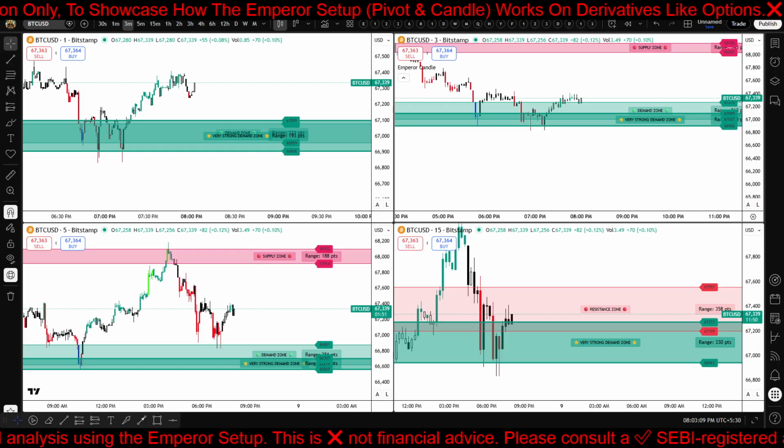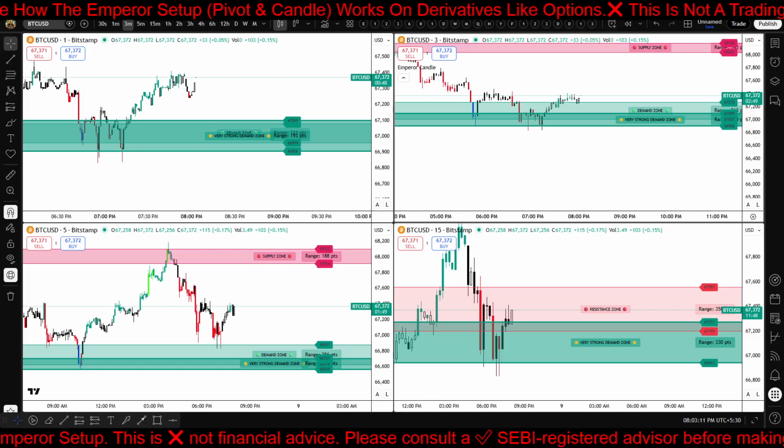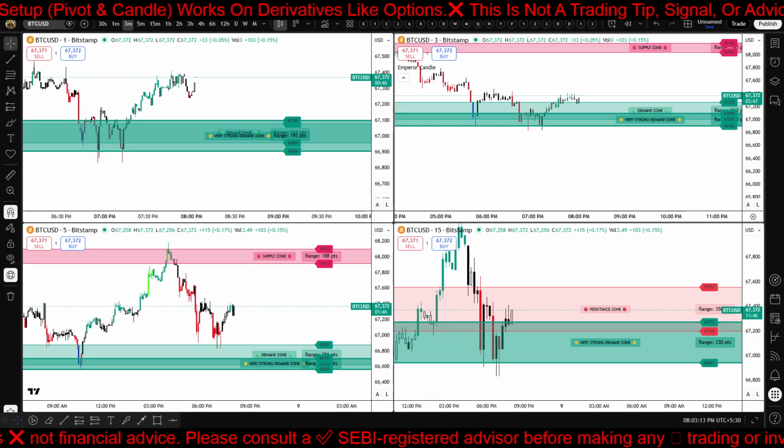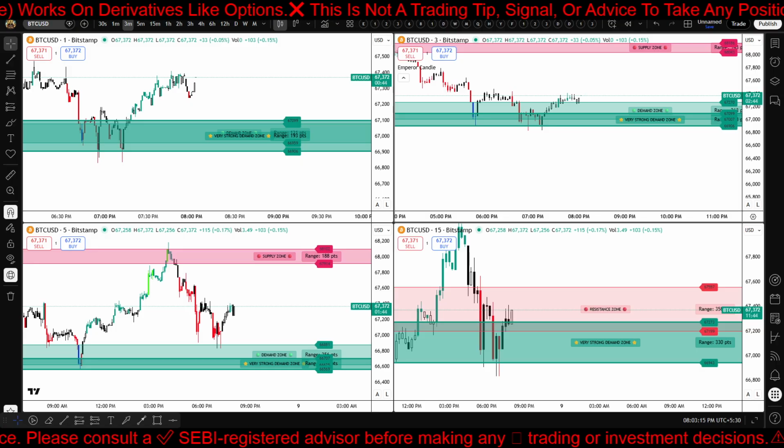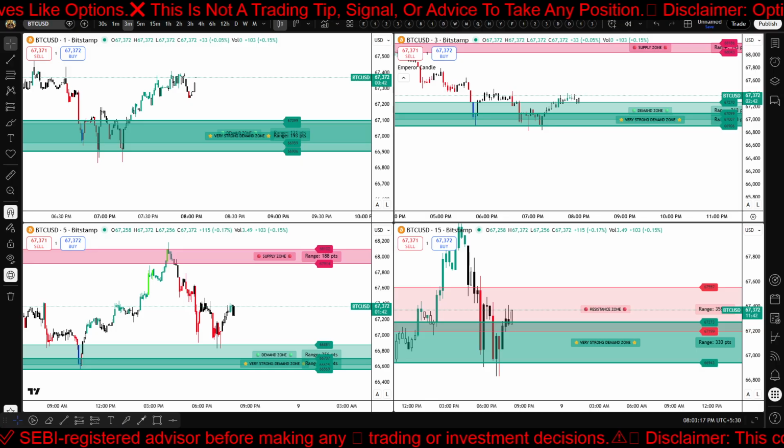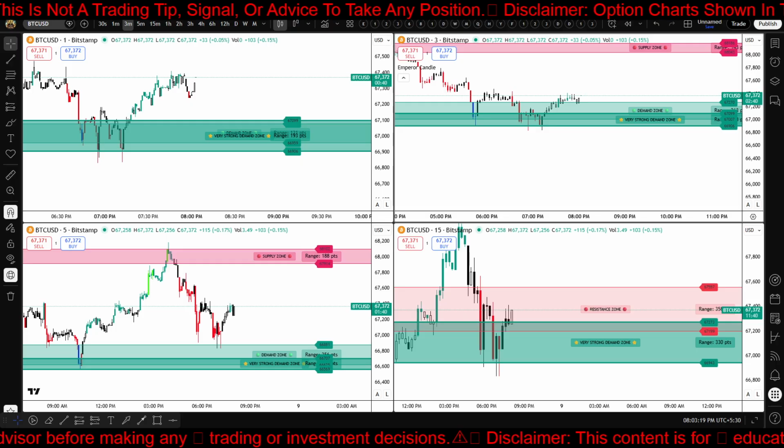So you will see different zones on each time frame, because each time frame represents different market momentum. That is why traders usually analyze the higher time frame first and then take entries on the lower time frame.